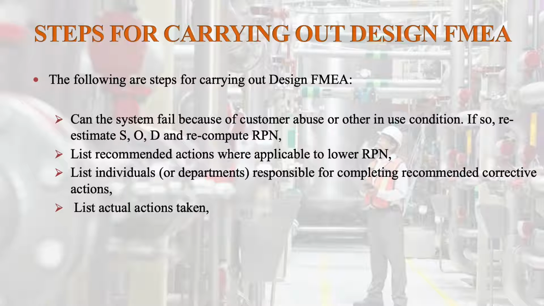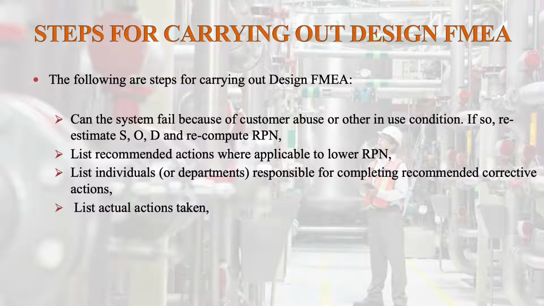So RPN is the risk priority number. If the risk priority number is high for the occurrence or detection, then the risk level will be high. So depending upon that, what action should be taken can be decided. So it is useful for decision making for reducing the risk of a failure mode.